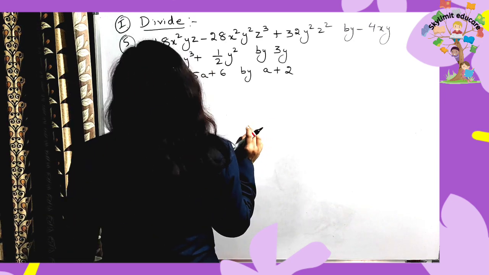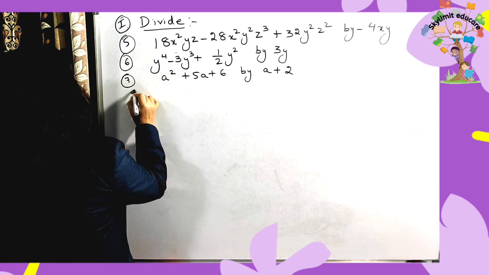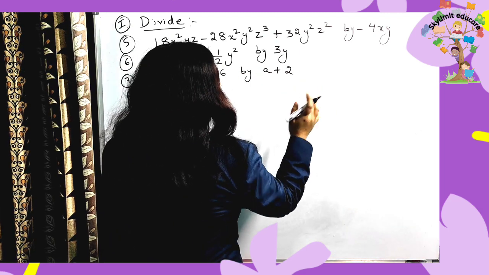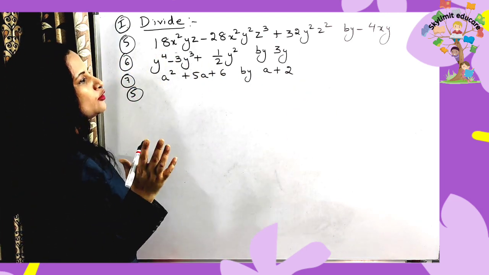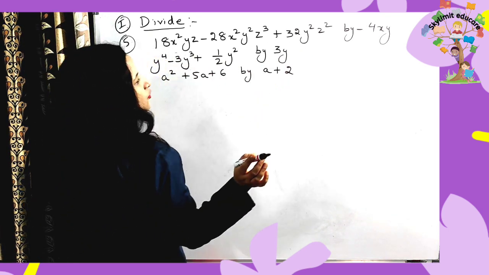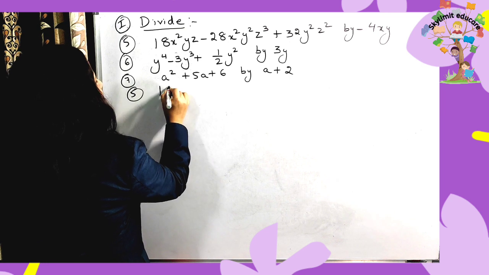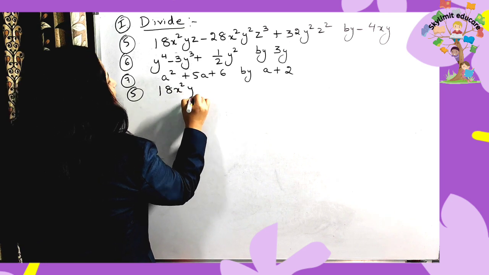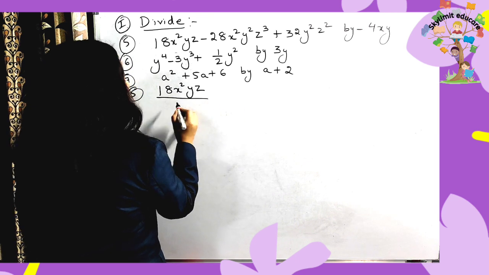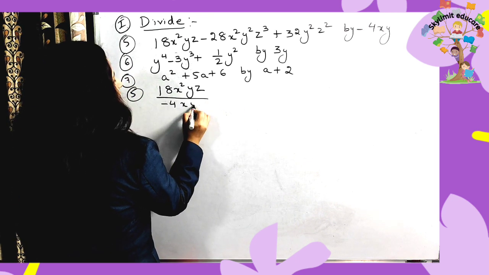So here you can see in the first case, the question number 5, also you have a trinomial divided by a monomial. In the same manner you are going to split it, by writing the whole divided by minus 4xy. So I'm going to split it. You can just see 18x square yz, whole divided by minus 4xy.